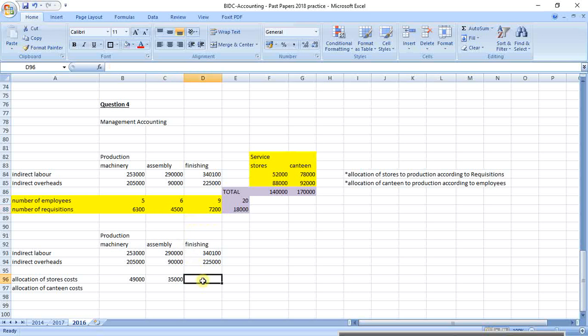Okay, do the last one. Finishing, how do you allocate it? 140,000 times 7,200 divided by 18,000 gives you that. Okay, notice if you add up all of this, you're going to get the same total.